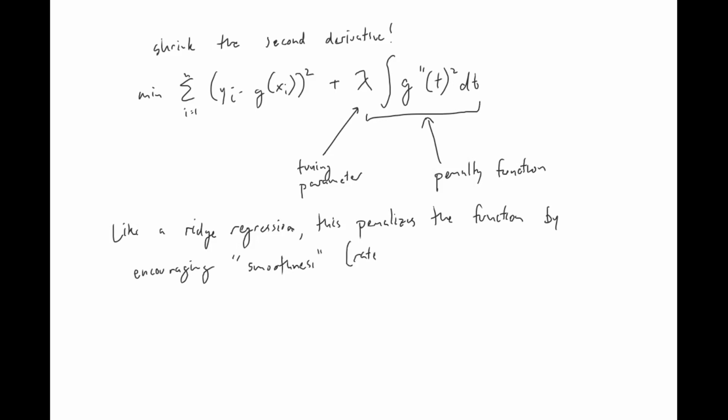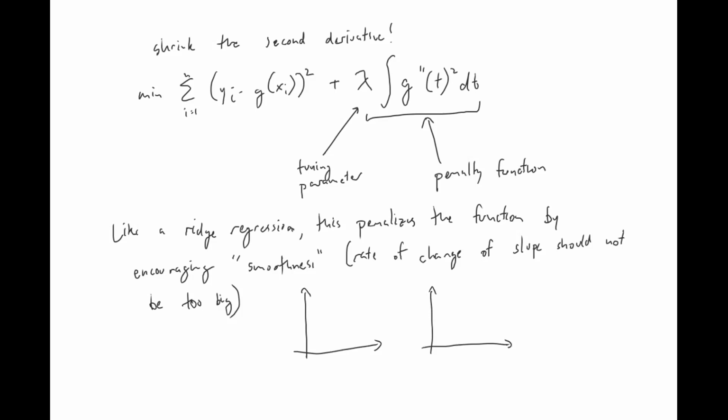So the rate of change of slope should not be too big. So think about what this is saying here. Let's do a comparison of two models with different tuning parameter values.